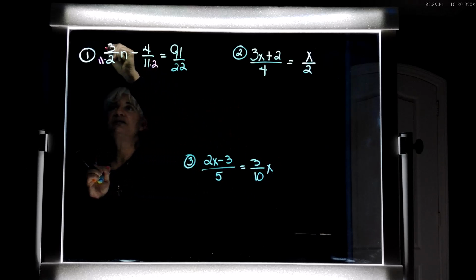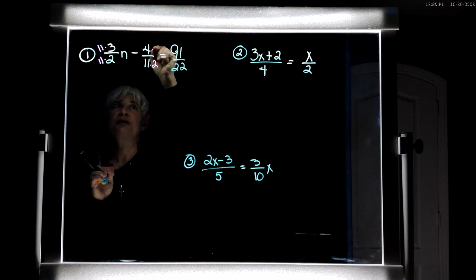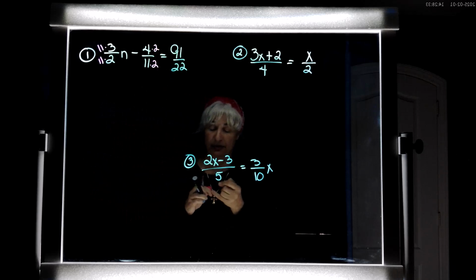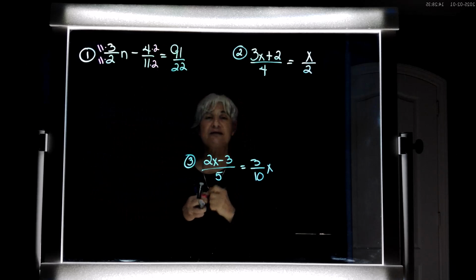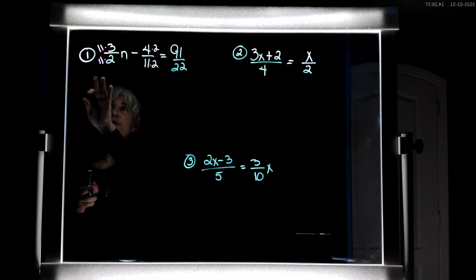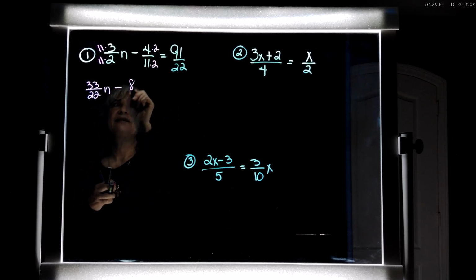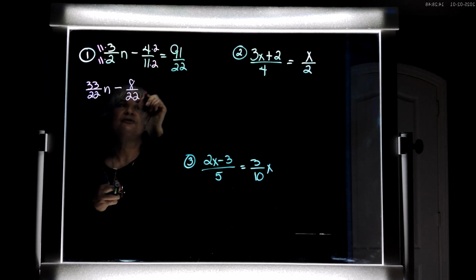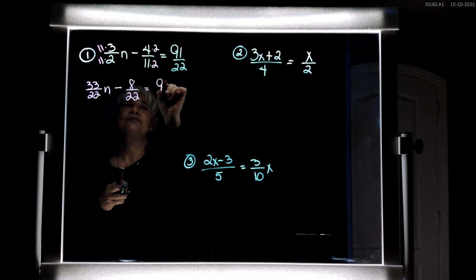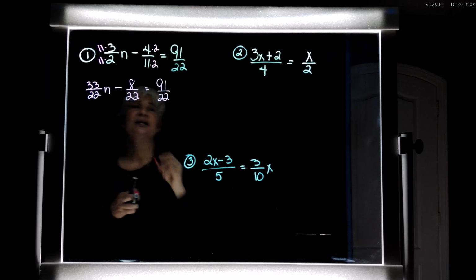Okay, which means the numerators have to get multiplied as well by the appropriate number. So let's look at this. Here we end up with 33 over 22n minus 8 over 22 equals 91 over 22.